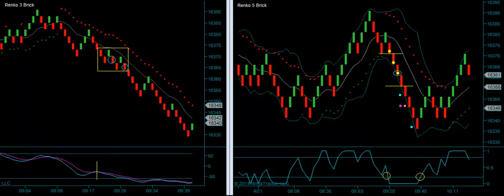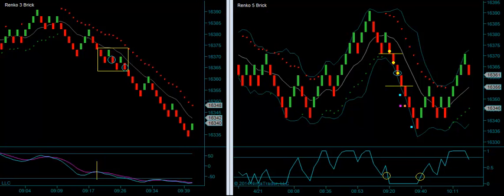And then do we get a counter brick after 5 bricks? The answer is yes, and it's 5 plus consecutive bricks. This move could have gone 8 bricks before you got the green brick. So it would have been 5 or more. We just would have gotten partials we didn't get.